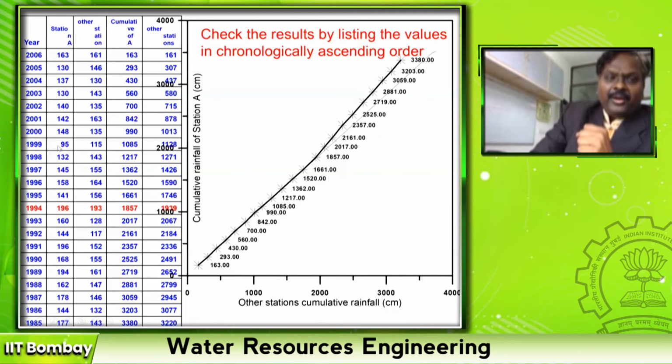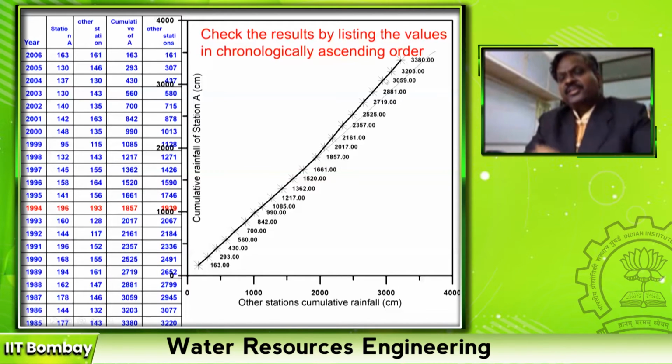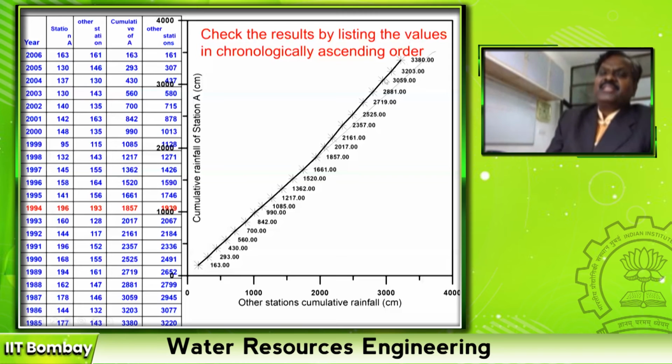Now in future also, after 2006, I am going to continue on this line. Then instead of adjusting the current data, you adjust the past data so that they are consistent with the current data. Suppose I want to bring this slope line to this line, multiply each and every value with the ratio of their slopes.